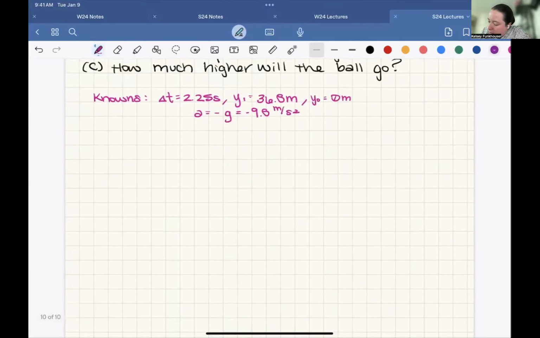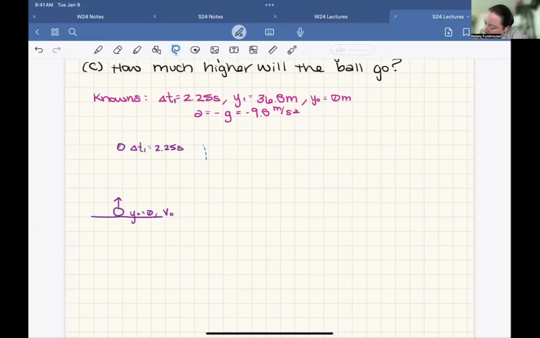So I'm going to quickly draw our scenario, because we're asked about multiple things, and it's good to look at the whole picture. Here is where it starts from the ground. So y initial is 0, and we don't know what v initial is. Then we get to a certain point. This is time interval 1, 2.25 seconds.